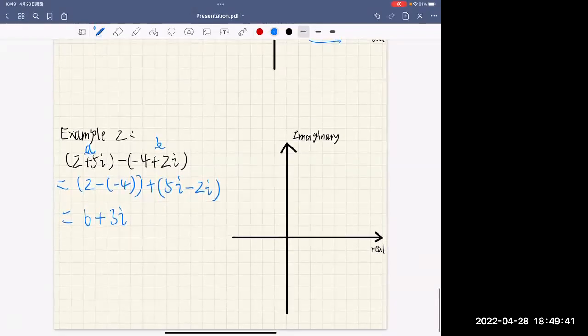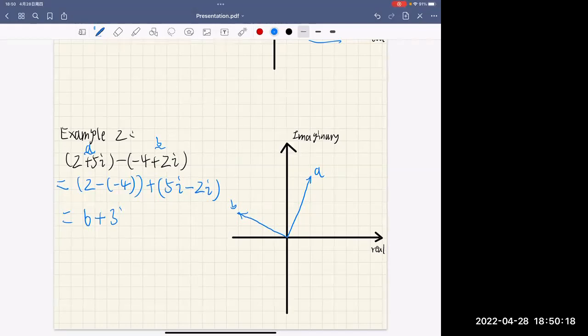Okay, now let's illustrate this subtraction on this graph. So let's firstly draw the vectors for A and B. So 2 plus 5i should be here, right? That's for vector A. And minus 4 plus 2i should be here. This is B. But A minus B, so the minus of B is like the opposite of this B, right?